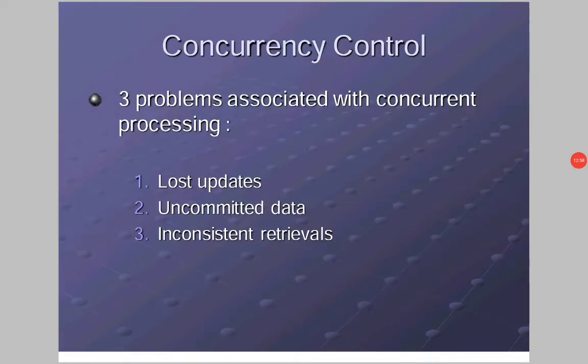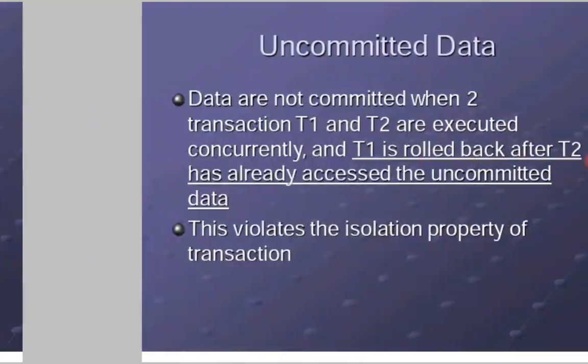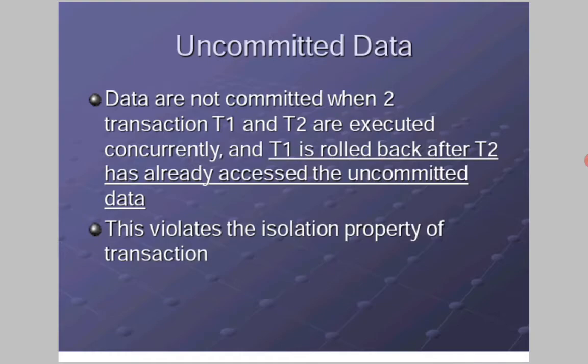Second one is uncommitted data. What is committed data and uncommitted data? Uncommitted data means the work is not properly saved. The work you have done, the transactions or the instructions you have given are not properly completed or not properly saved, meaning the transactions are incomplete.